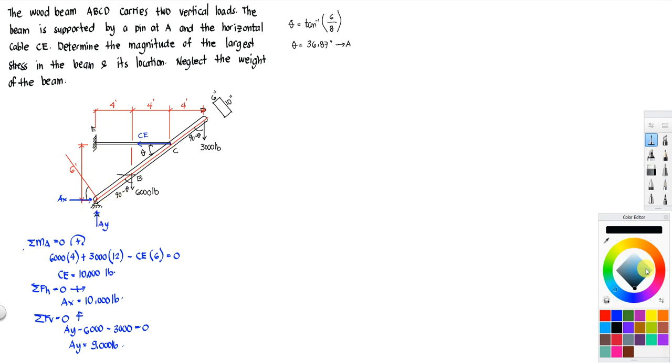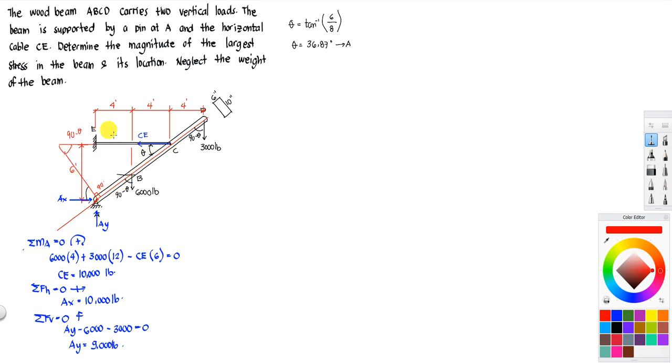Lagyan na nga natin ng lines. I-diretso natin. Ayan. Okay? So, ilagay natin dito. If this is theta, this is 90 minus theta. Okay, of course, this is, ilan to? This is our 90 degrees. Ayan, para sa triangle na yun.